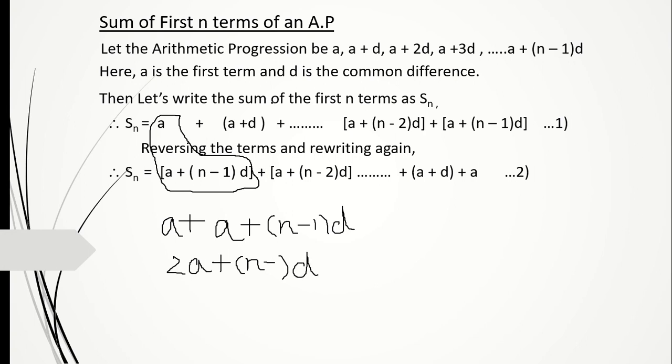Then we have to add these two: a plus d and a plus, now in this case I will just open that bracket. Multiply that d inside: nd minus 2d.